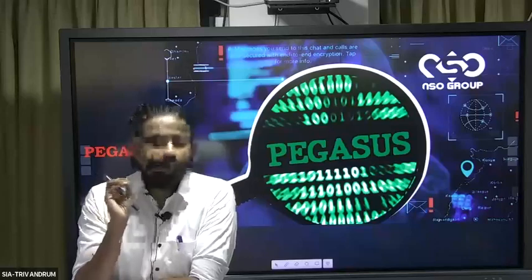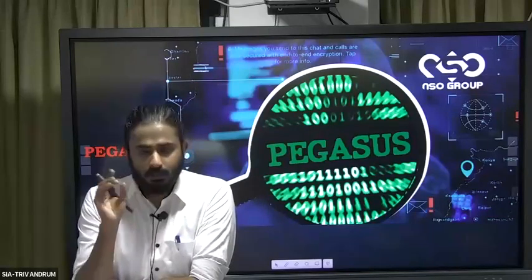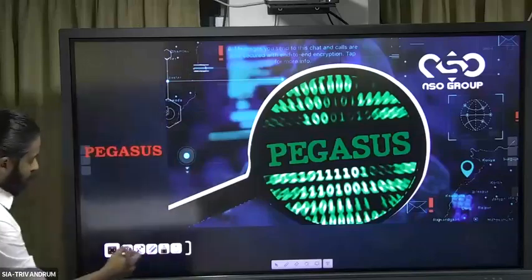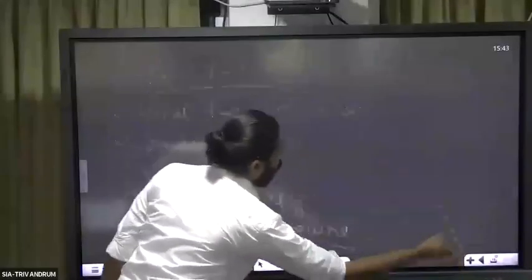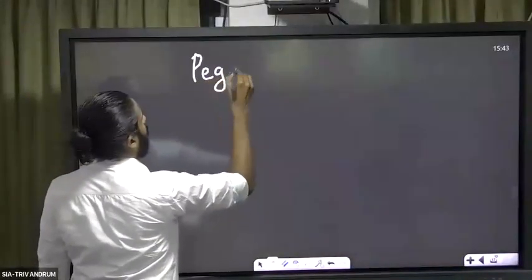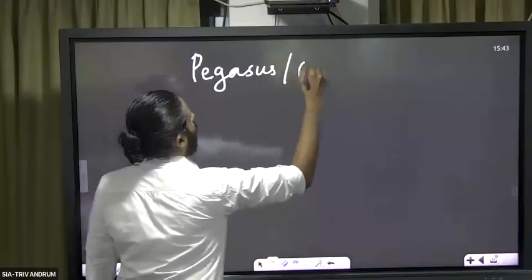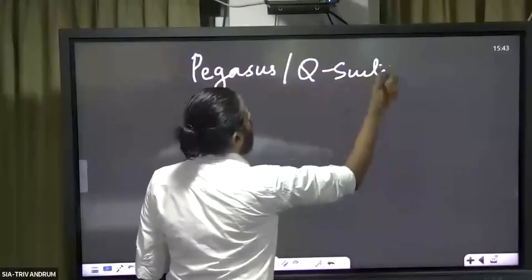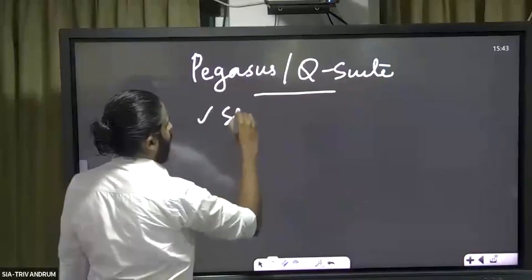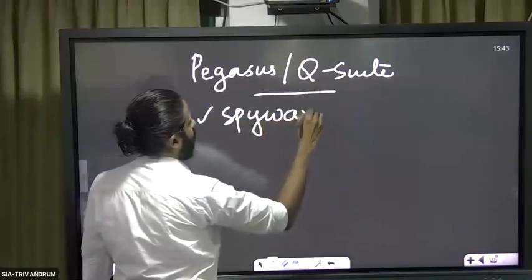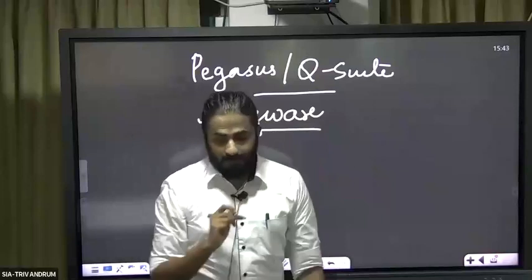From a current affairs perspective, we'll discuss what is Pegasus. So Pegasus, which is also called Q-Suite, is a spyware. One of the types of malwares, spyware.